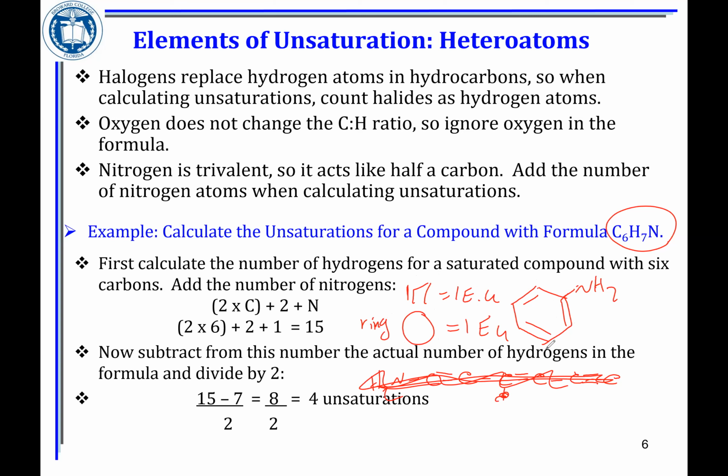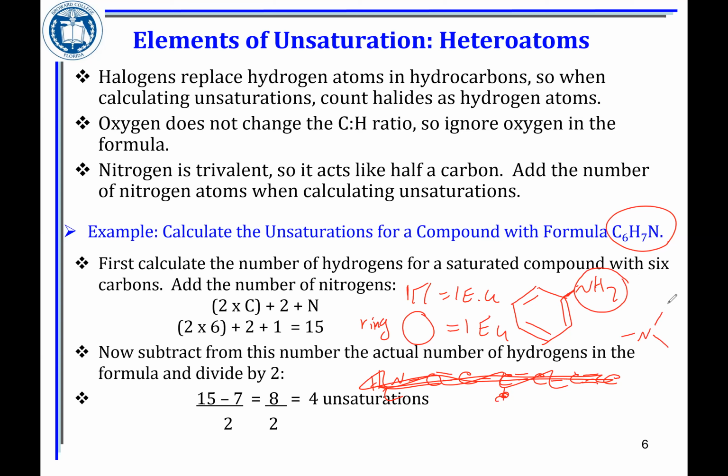So it adds up. So the group coming off the ring doesn't count as an unsaturation? The ring counts as one element of unsaturation, and then we have 3 pi bonds that add up to 4 elements of unsaturation. But the substituent coming off of the ring doesn't count as unsaturation? No, because nitrogen is trivalent.